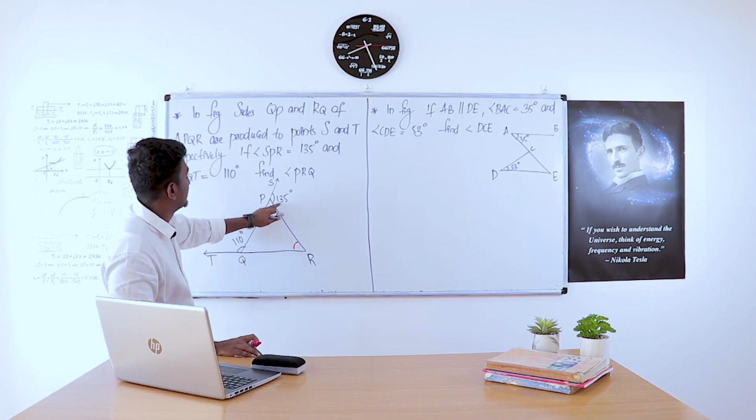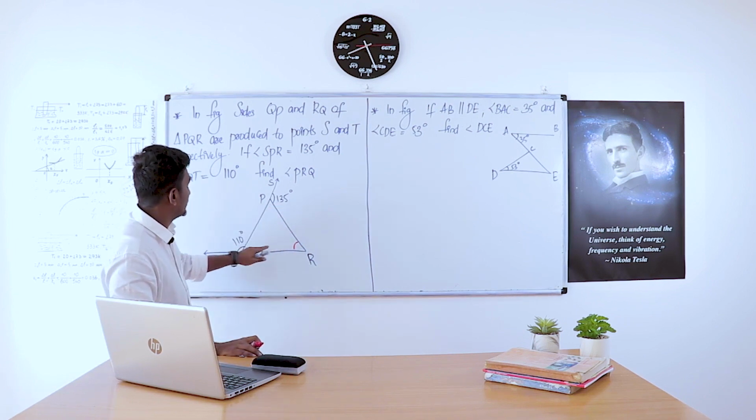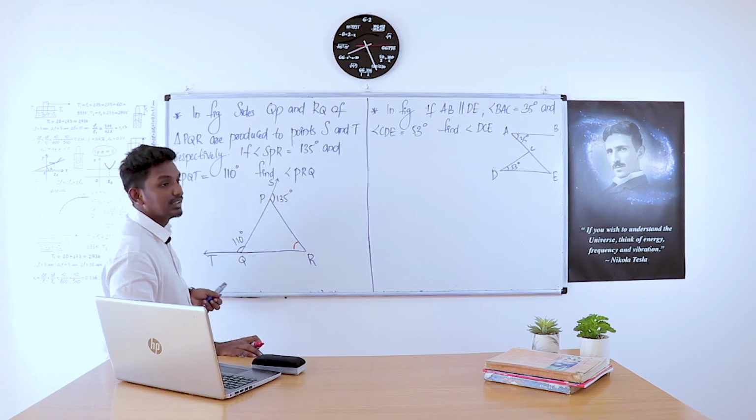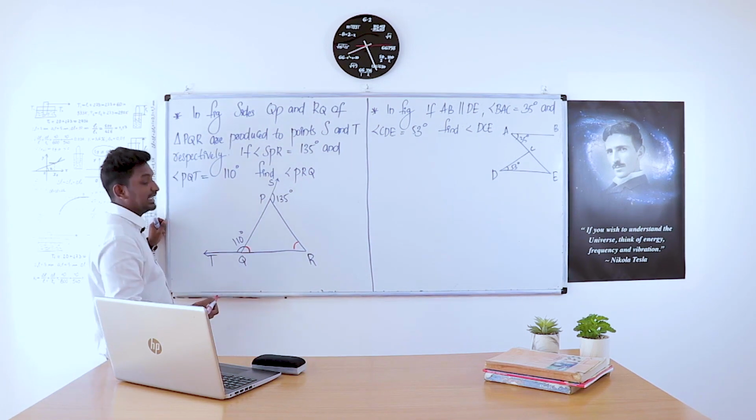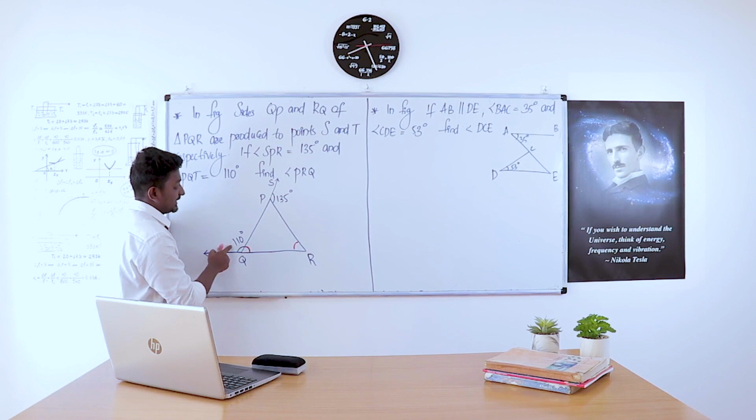And this is also an exterior angle, then the sum of the remote interior angles gives 135 degree. We can otherwise easily solve this as this exterior angle 110 degree plus this interior angle is a linear pair.